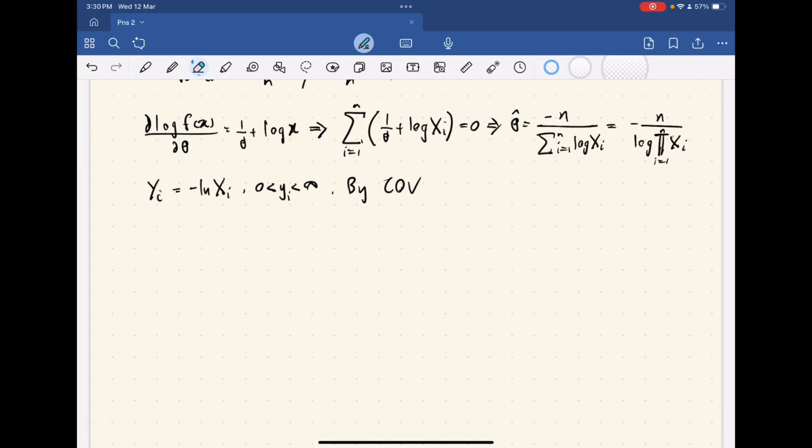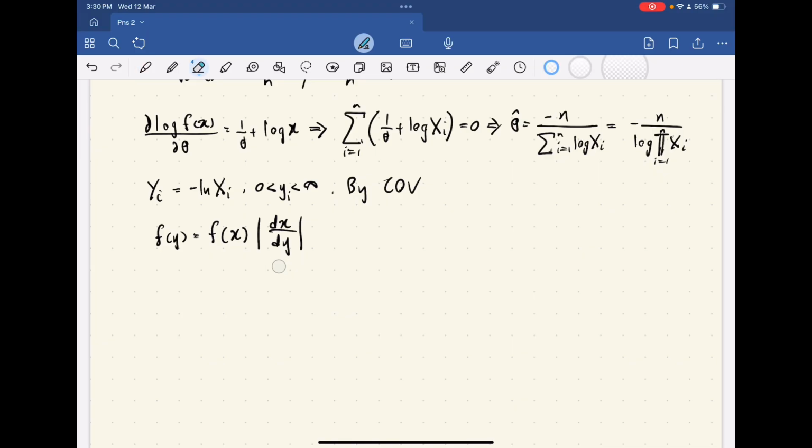By the change of variables, the formula is f_Y equals f_X times the absolute value of dx over dy.